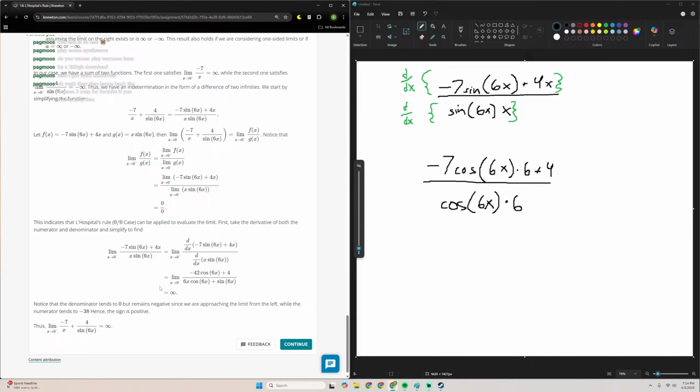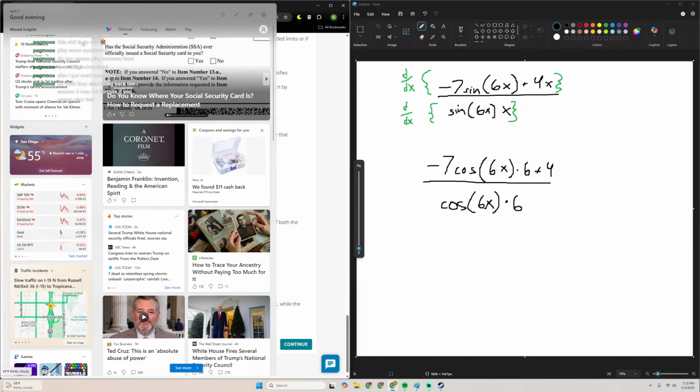Cosine's the one. And that could become infinity because of that 6x. That's my problem. No? Wait. Yeah, that's 1 times 0. Oh, wow. I have no idea why it's like that, actually. Yeah, no clue. But whatever. I'm done.